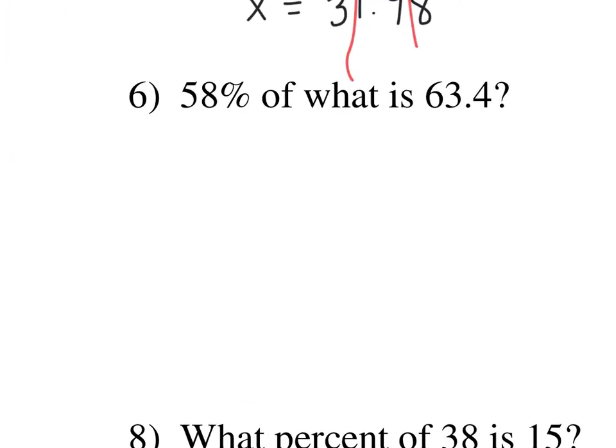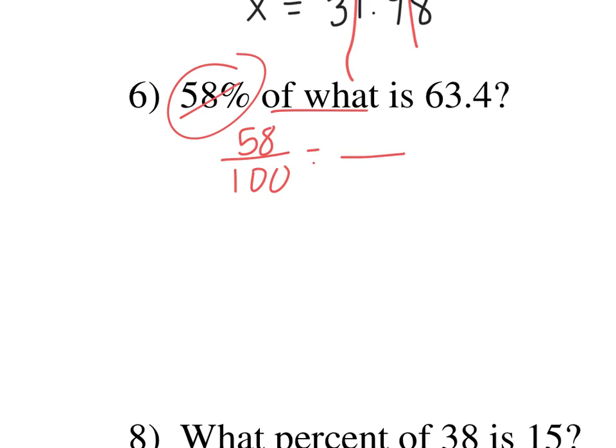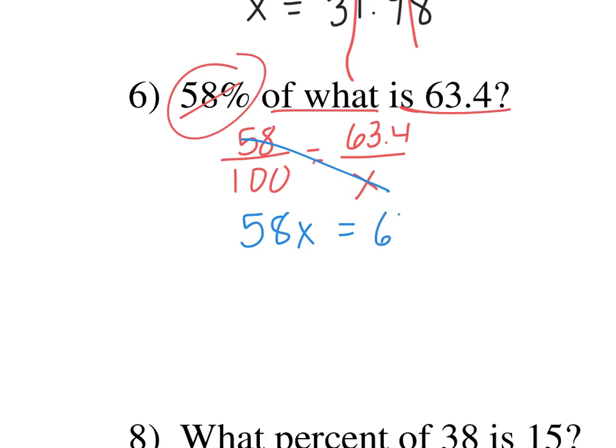Here we go. 58 over 100. As soon as I see that, one fraction. Of what? We don't know what the of is. 63.4. So the hardest part is just setting this up. Once we set it up, you're good. 6340.